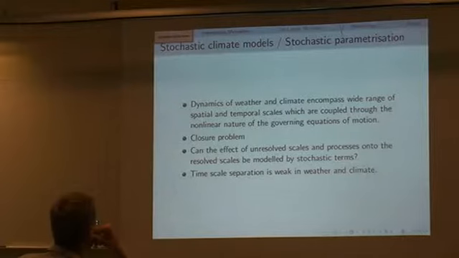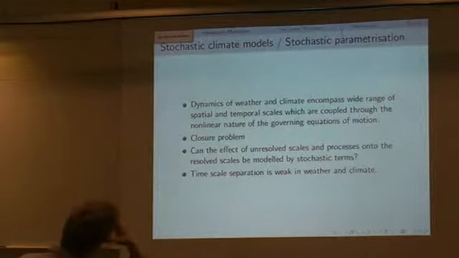Due to the nonlinear nature of the governing equations of motion, all these scales are coupled. So there is no clear truncation where you could build a model for only some scales and the other scales just drop out. They are all coupled, so the small scales will have an impact on the large scales in a very complicated nonlinear manner.